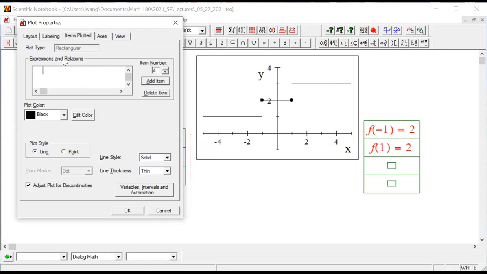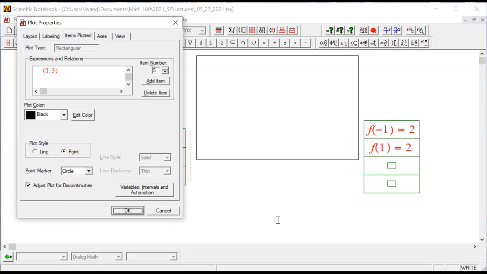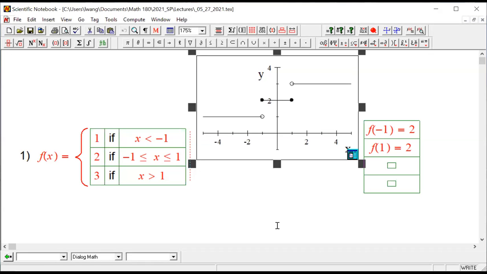Next, we're going to put circles at (-1, 1), and there needs to be a circle. Another place, which is (1, 3), must be a circle. And that's complete. Are you guys with me?